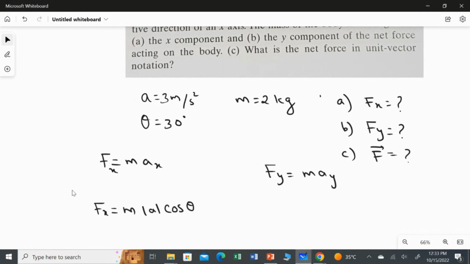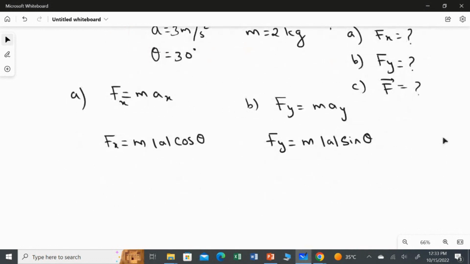Likewise, the y component of the force is given by mass multiplied by the magnitude of the acceleration multiplied by sine theta. So the first part of the question gets its answer here, the b part gets its answer here, and then we merge a and b together to get the answer for the third part. Clear?